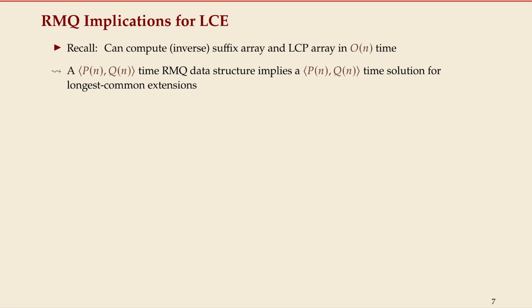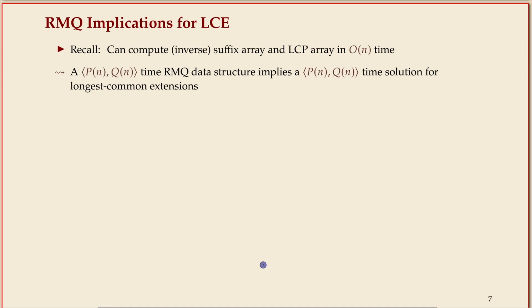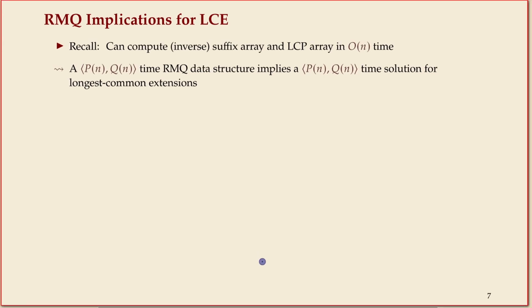So if we translate what that means for any solution for the range min query problem to longest common extensions, it means that we get essentially the same running time. If we have a PQ solution for range minimum queries, we can use that solution using the inverse suffix array to directly answer longest common extension queries.